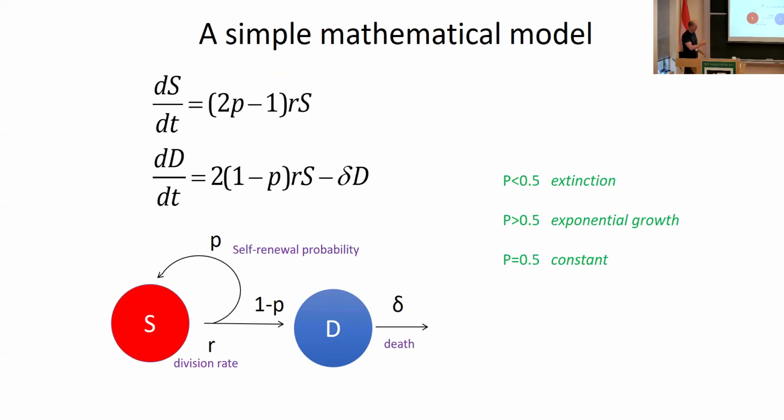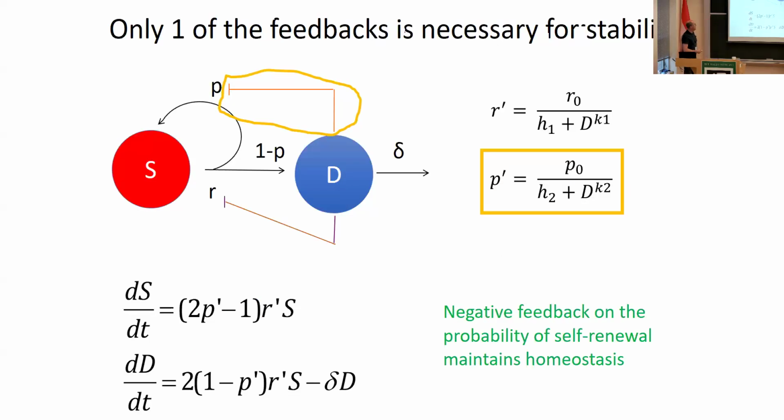So self-renewal is a very important parameter here. So the way to get around this, to get a more reasonable model for homeostasis, is to include feedback into these models. So for example, you can assume that some cell type, like the differentiated cells, secrete some factors that will reduce the self-renewal rate. So if there are lots of differentiated cells out there, they stop the self-renewal, they increase the differentiation, and the population stops growing, and you go to a stable equilibrium.